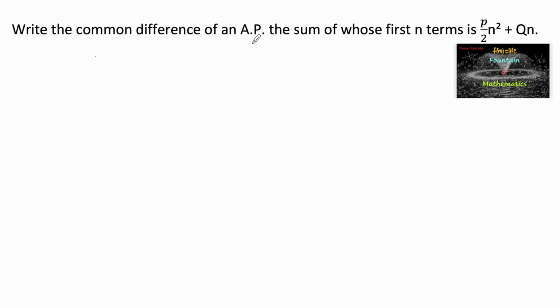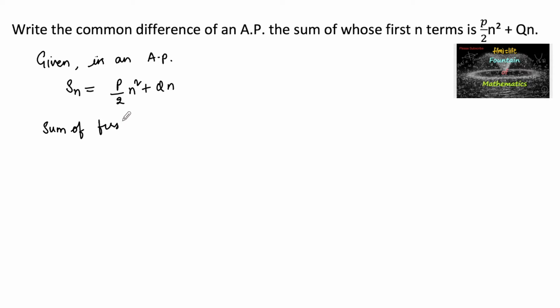Write the common difference of an arithmetic progression, the sum of whose first n terms is given by p by 2 n square plus qn. Given in an AP, the sum of the first n terms Sn is equal to p by 2 n square plus qn, and then we can find the sum of the first one term, which is equal to a1.